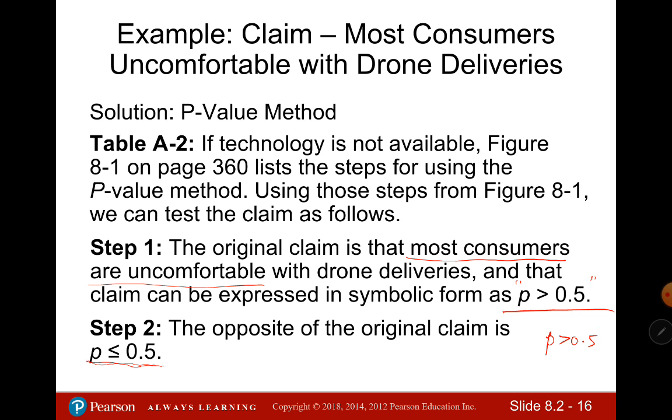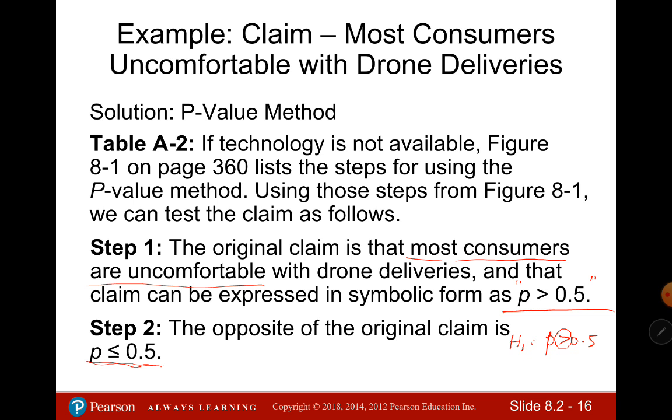But is it your null hypothesis or the alternative hypothesis? Should I put H sub 0 or H sub 1 for it? If you still remember the rule, you will realize that's our alternative hypothesis, because the sign in the middle is greater than some number.